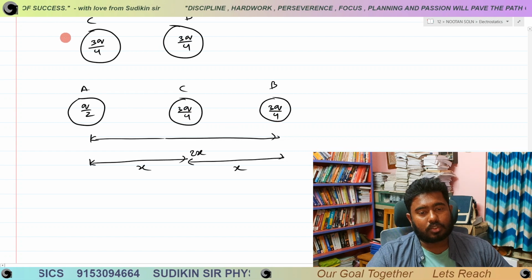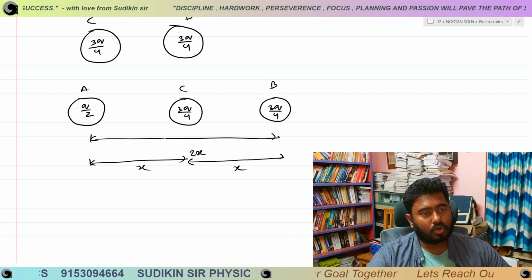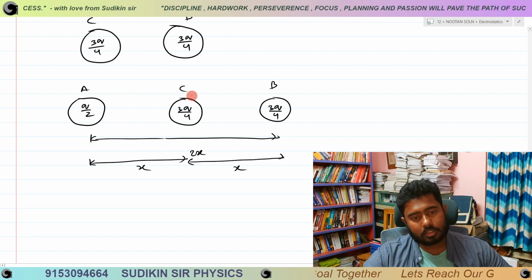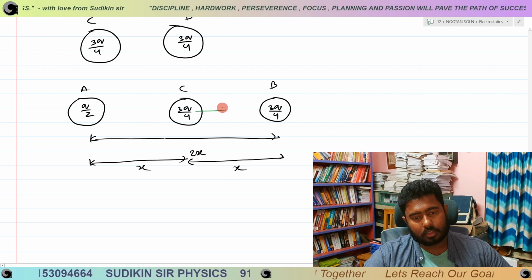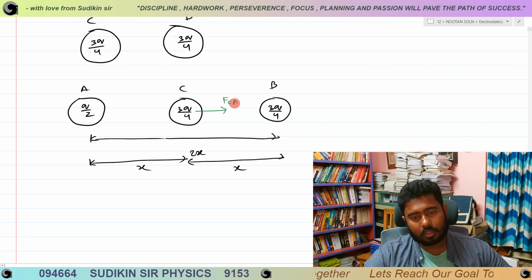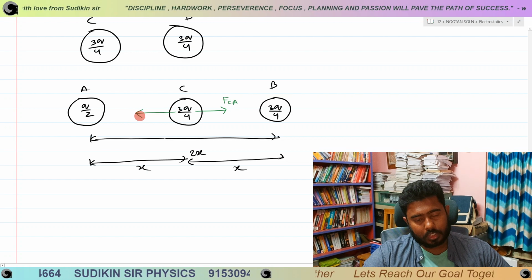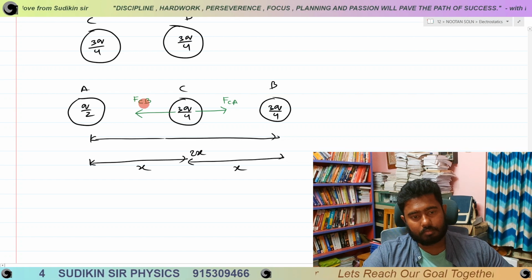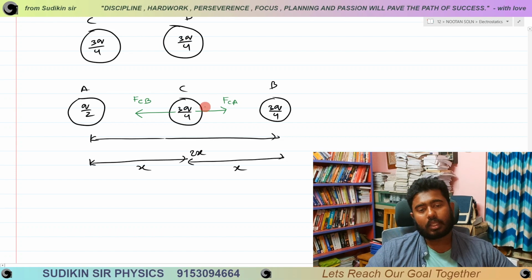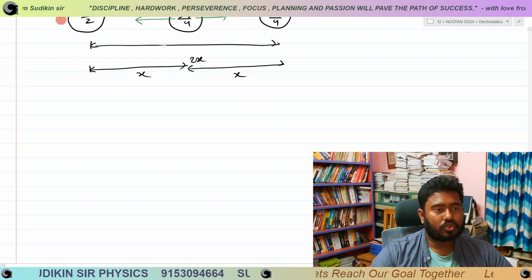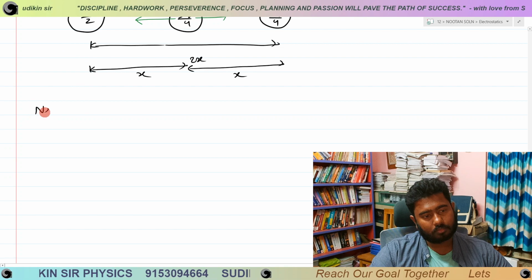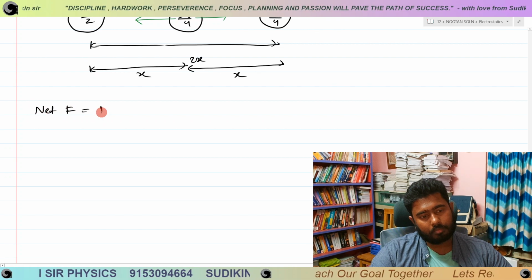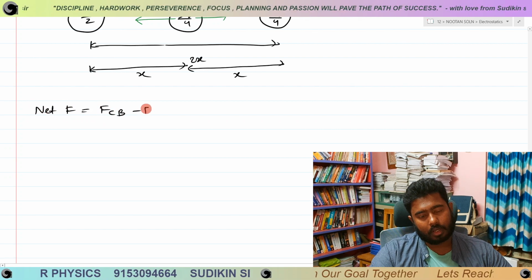So the force of A on C will be along this side, this will be FCA. The force of B on C, that will be FCB. Now we can see that FCB is greater than FCA, so the net force will be FCB minus FCA.